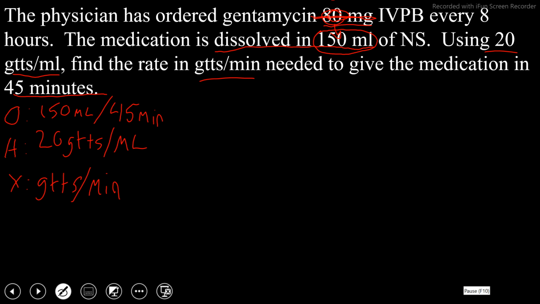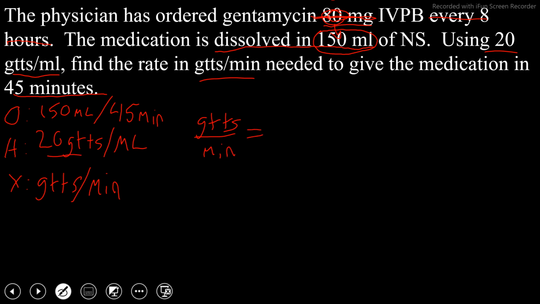And the every 8 hours doesn't really matter because we're just figuring it out for this one time being given, not the whole day. So let's start with what we want, the drops per minute. So equals, we want to find the drops.